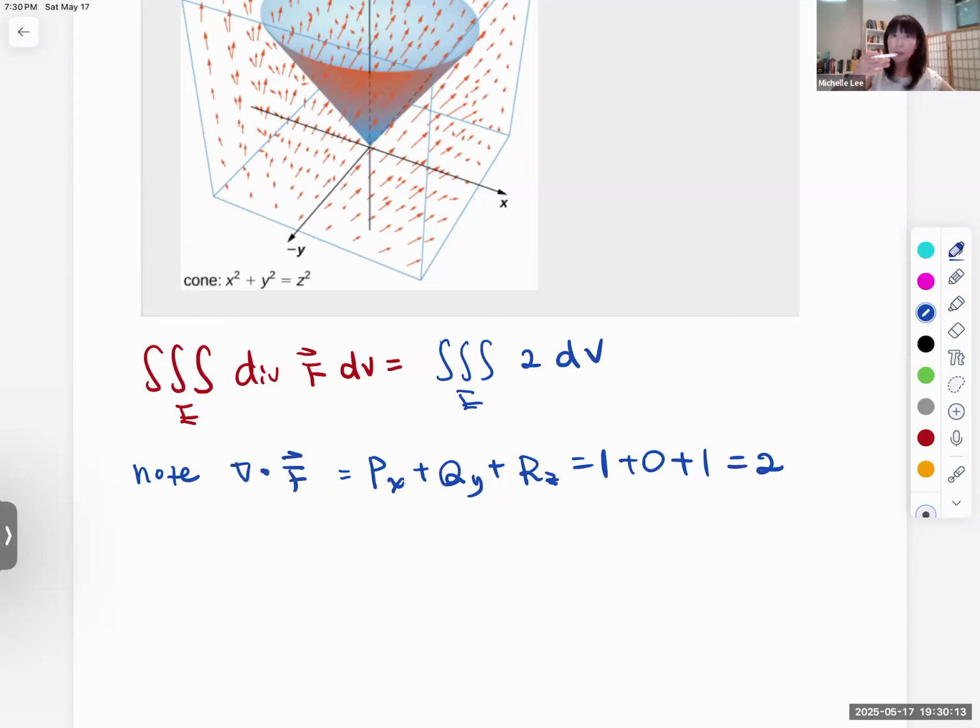We say that the triple integral of region E dV means the volume. We define the volume of the right circular cone in that case.